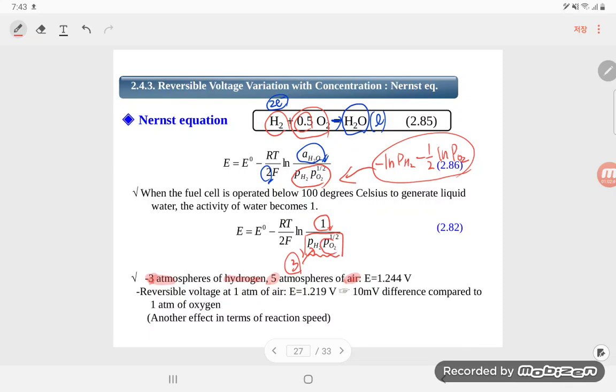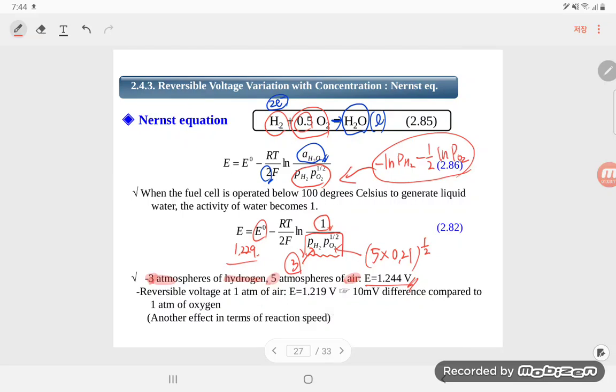And for pO2, because we use air, 5 and 21% is the oxygen in the air, right? So we can insert this value into here. So if you calculate this one, with 1.229, then we can get this one, right?